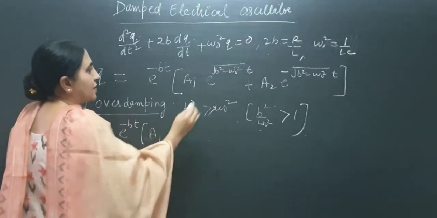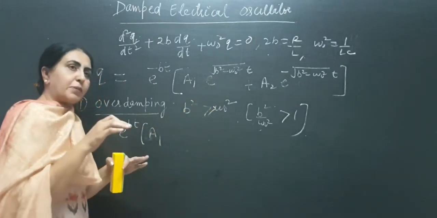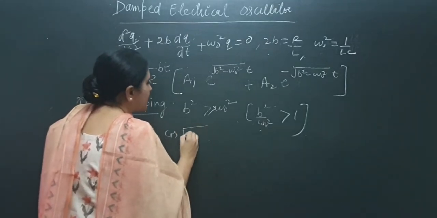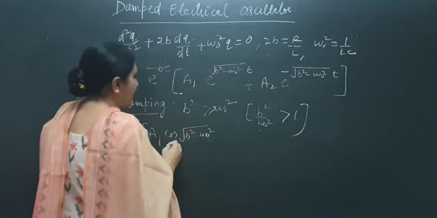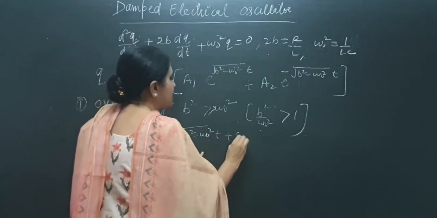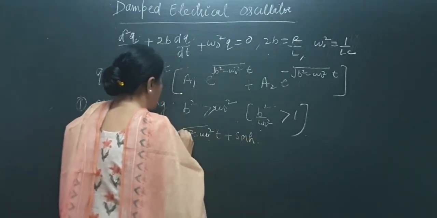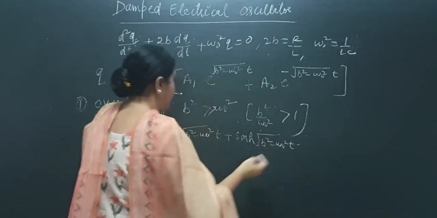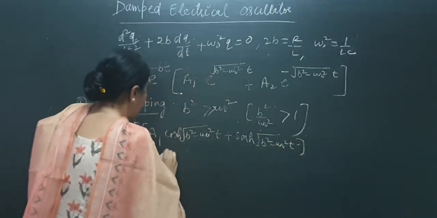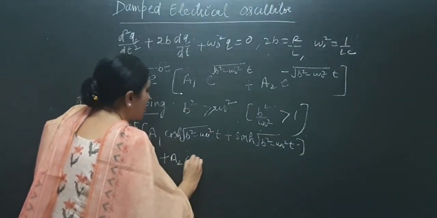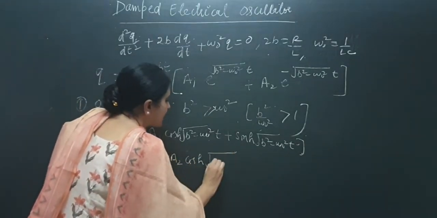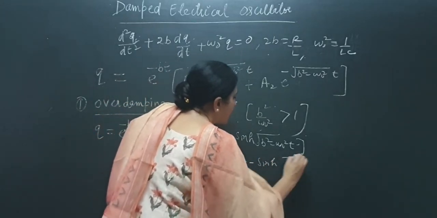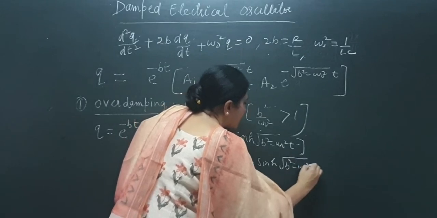E raised to power, this term, you can write cos hyperbolic theta plus sin hyperbolic theta. So this is cos of under root b square minus omega naught square into t plus sin hyperbolic of under root b square minus omega naught square into t, plus a2 cos hyperbolic of under root b square minus omega naught square t minus sin hyperbolic of under root b square minus omega naught square t.